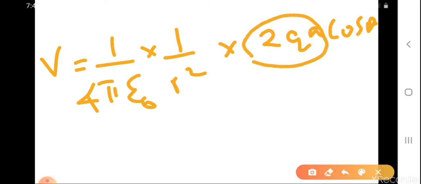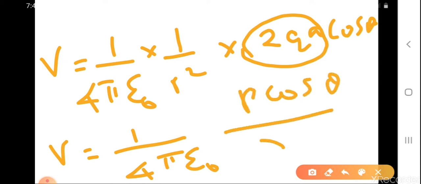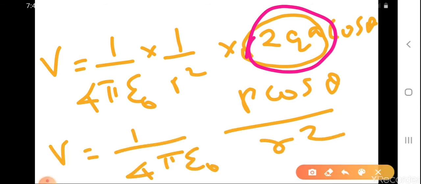This 2QA is nothing but P. So, V is equal to 1 by 4 pi epsilon naught, P cos theta by R square. How this P cos theta? 2Q into A is equal to P, we can say that. Okay. Now, 1 by 4 pi epsilon naught P cos theta divided by R square we can write now.